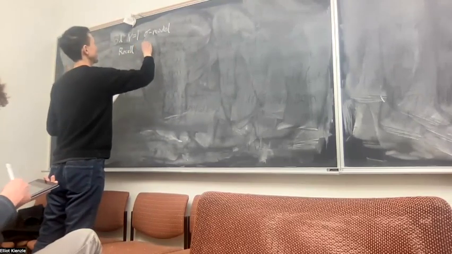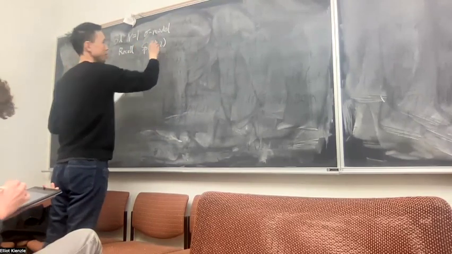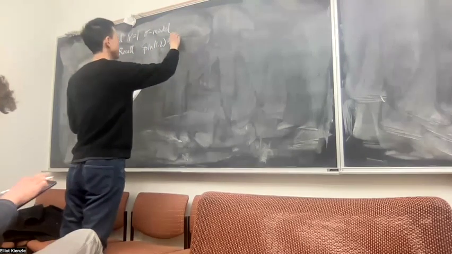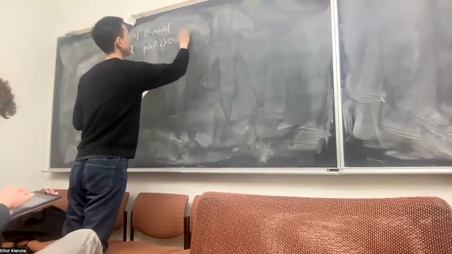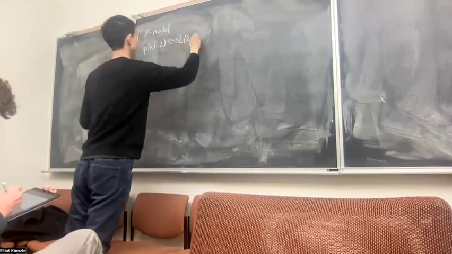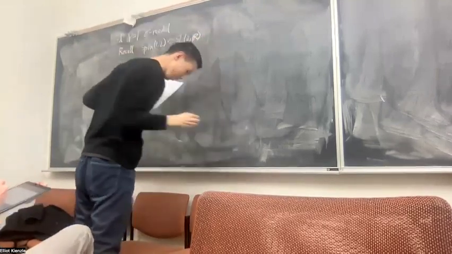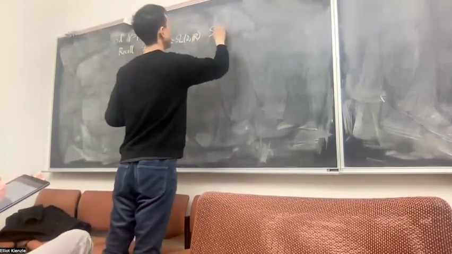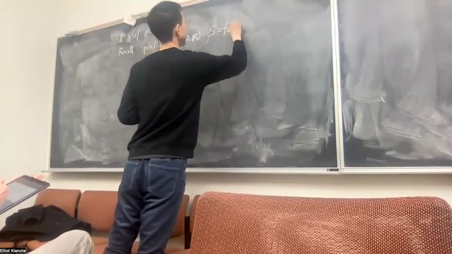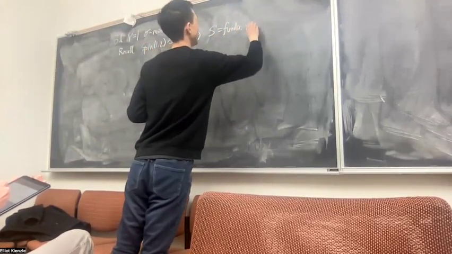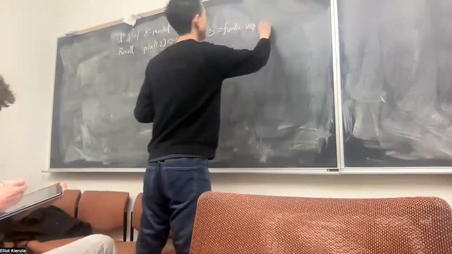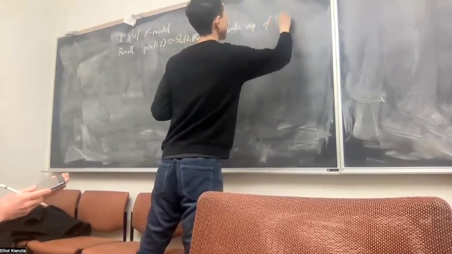So first, if you look at this one, what we have been discussing for the last 2 weeks, it is isomorphic to SL2R. And so what we are going to do is we let S be the fundamental representation of SL2R, so it is 2-dimensional.